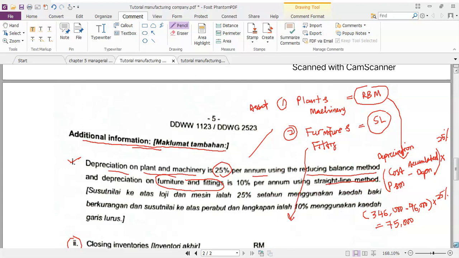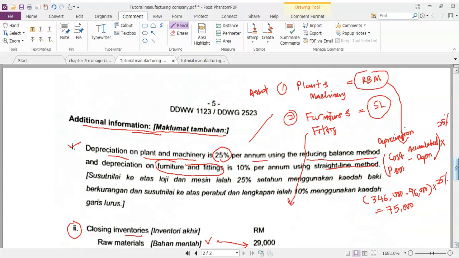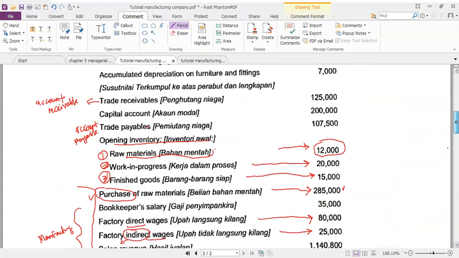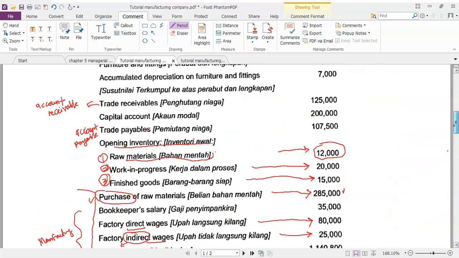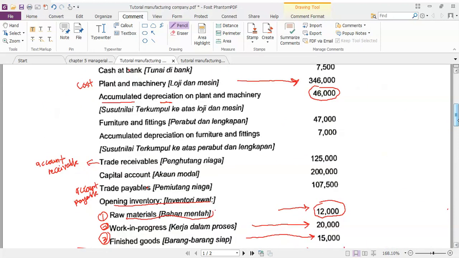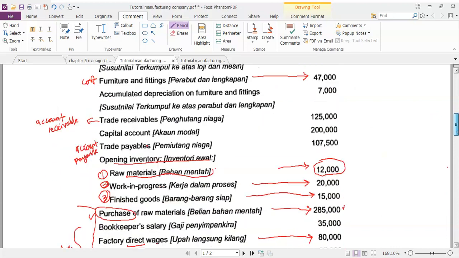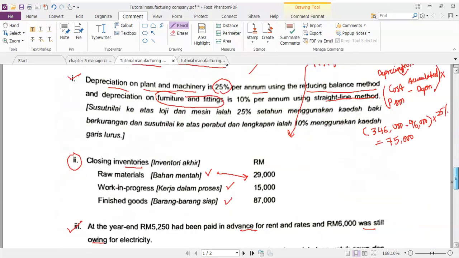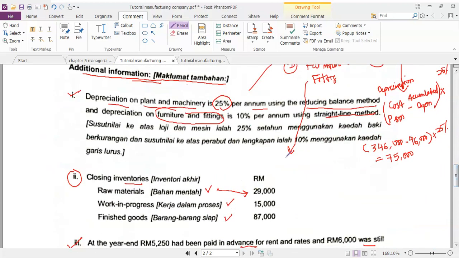Okay, straight line is easier to calculate compared to the reducing balance. So what we should have is our furniture and fitting cost, that is 47,000, and then we just minus with a minus.